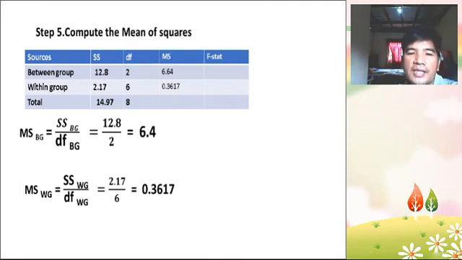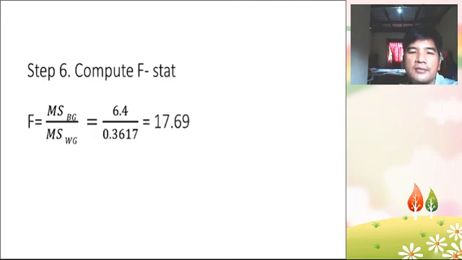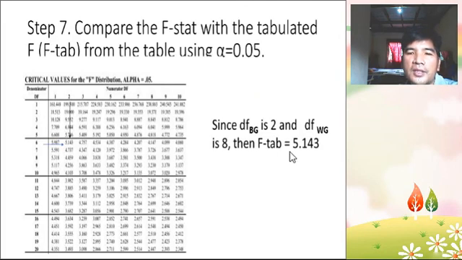It should not be 8, it should be 6. So the degree of freedom between is 2 and within is 6.